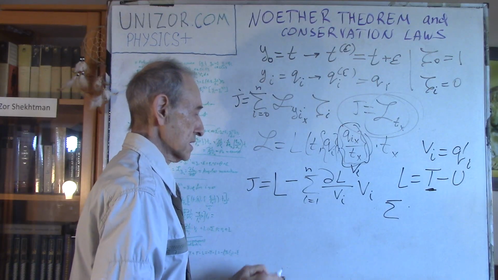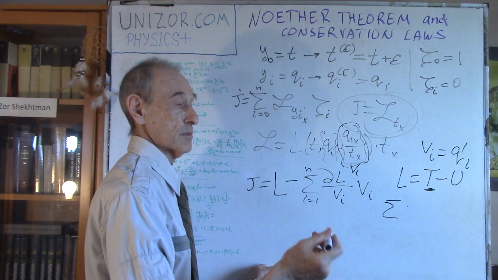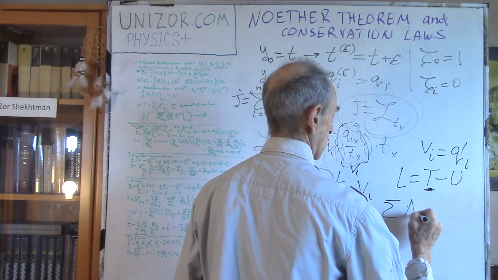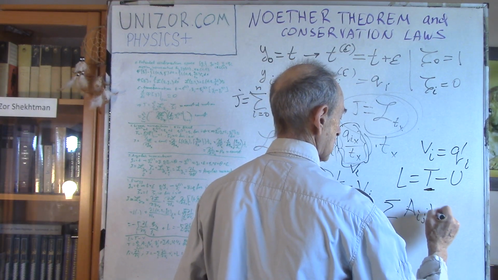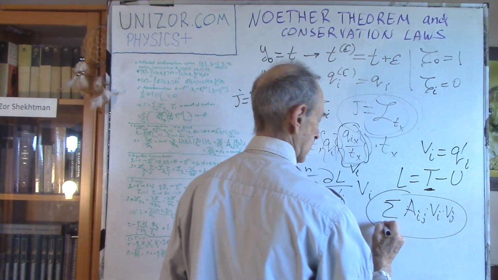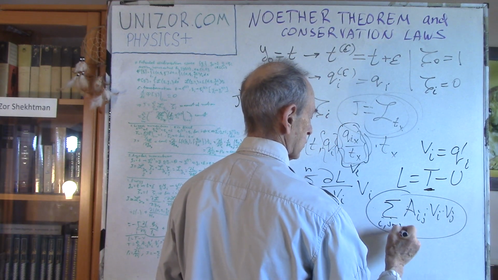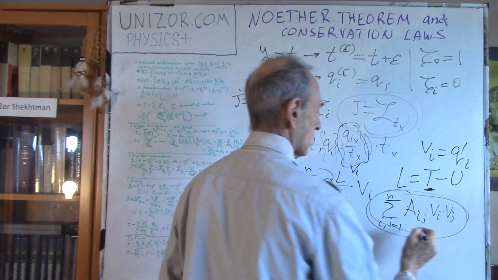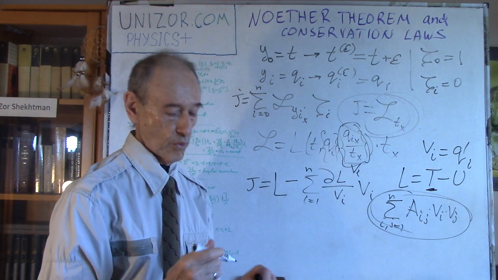So in all systems, when more than one dimension is considered, you consider vi times vj, with i and j from 1 to n. So this is a general homogeneous quadratic form.